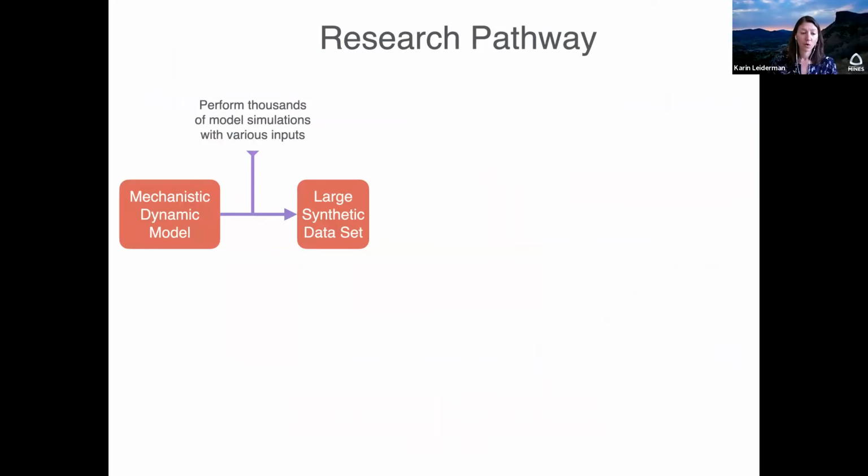So now we have a question we want to answer, and a model that we like. Our first step in this research process is to use the model and perform hundreds of thousands of simulations with all these various inputs of plasma levels of factors to generate a large synthetic data set. I'll move through this diagram and add on as we go forward.